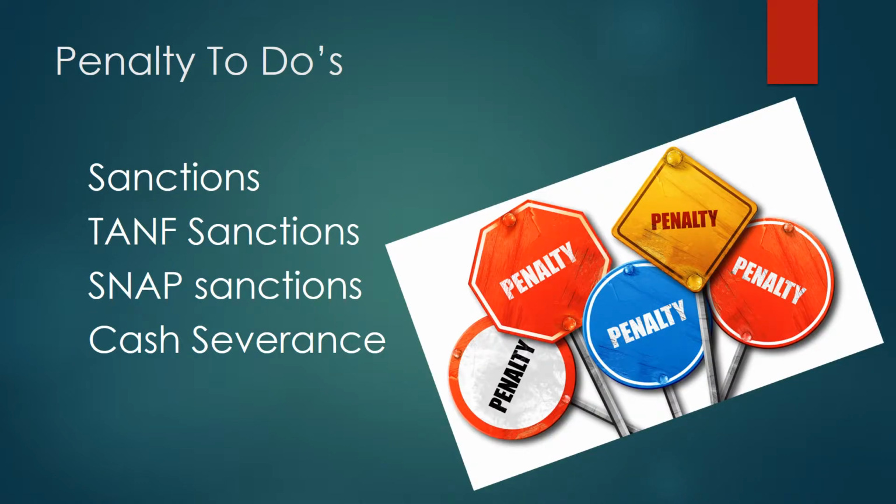The penalty to-dos are rather important and should be processed like any other to-do. This to-do comes with negative action on the case. For example, when it comes to penalties, it sometimes means a sanction will have to be requested or is now in place.